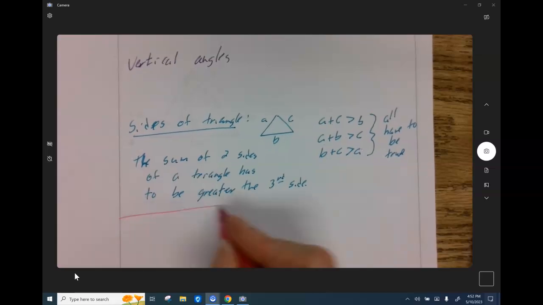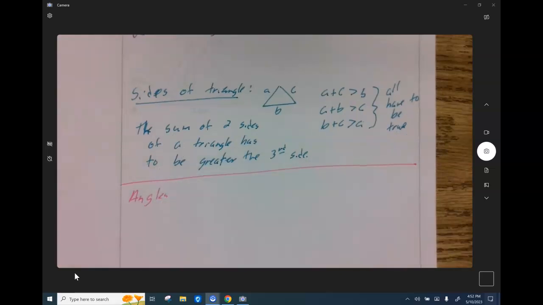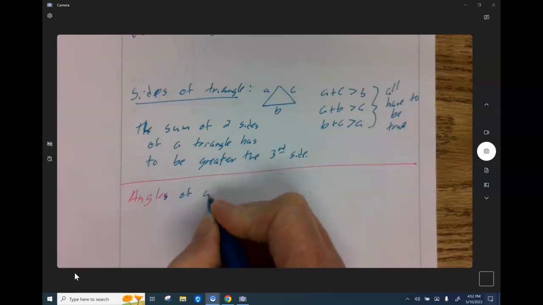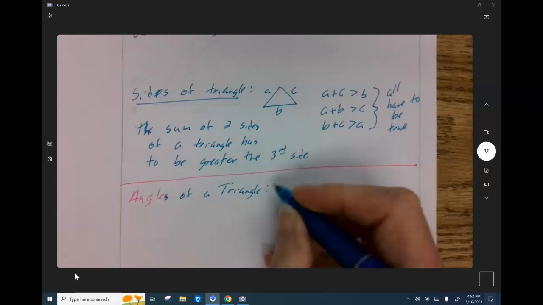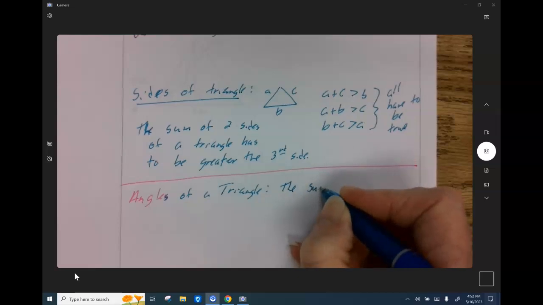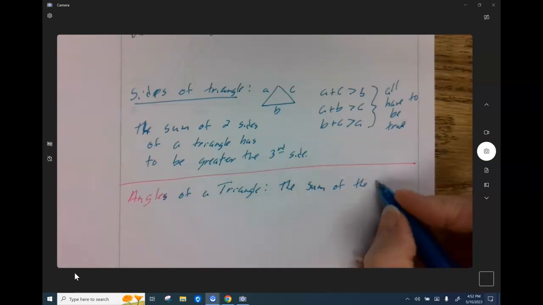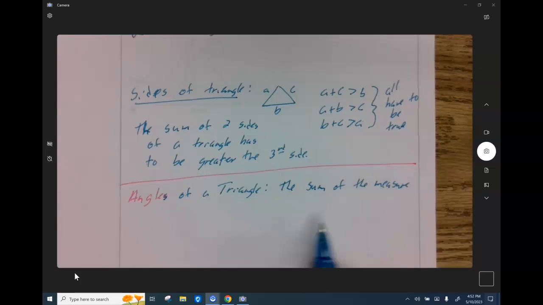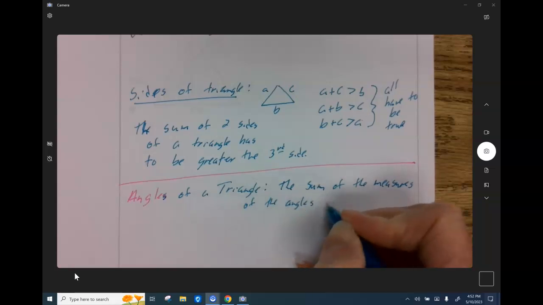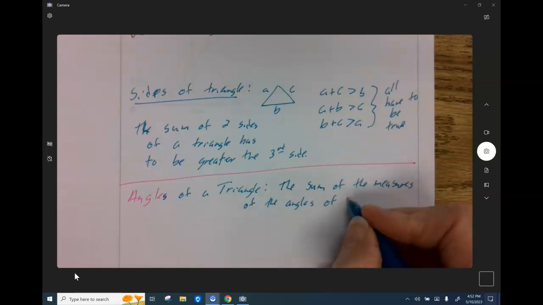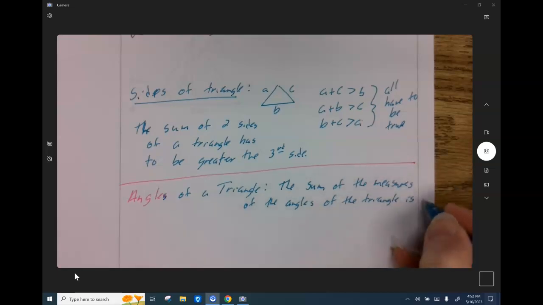Okay? The other thing we talked about today is that the angles of a triangle are going to always be equal to 180. Okay? So, angles of a triangle. We know that the sum, and remember sum means you're going to add, we'll write it out too, the sum of the measures of the angles of a triangle is 180 degrees.